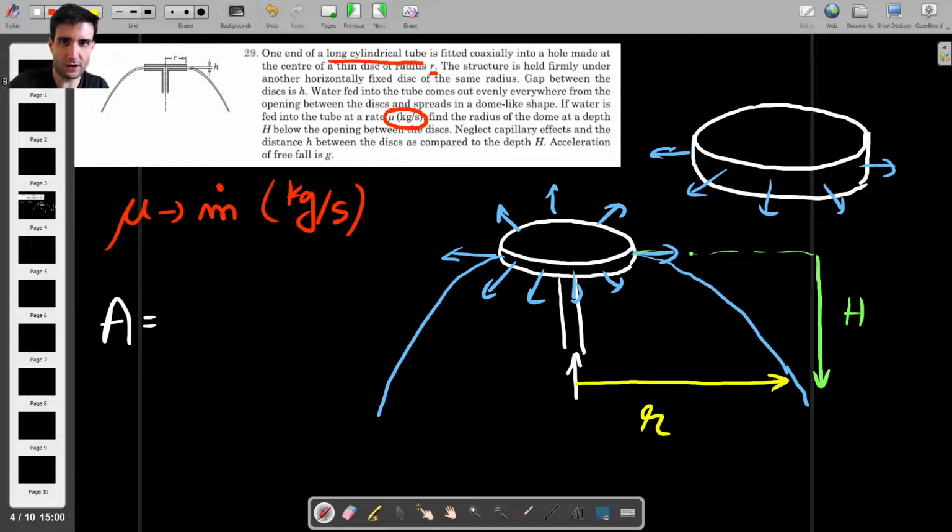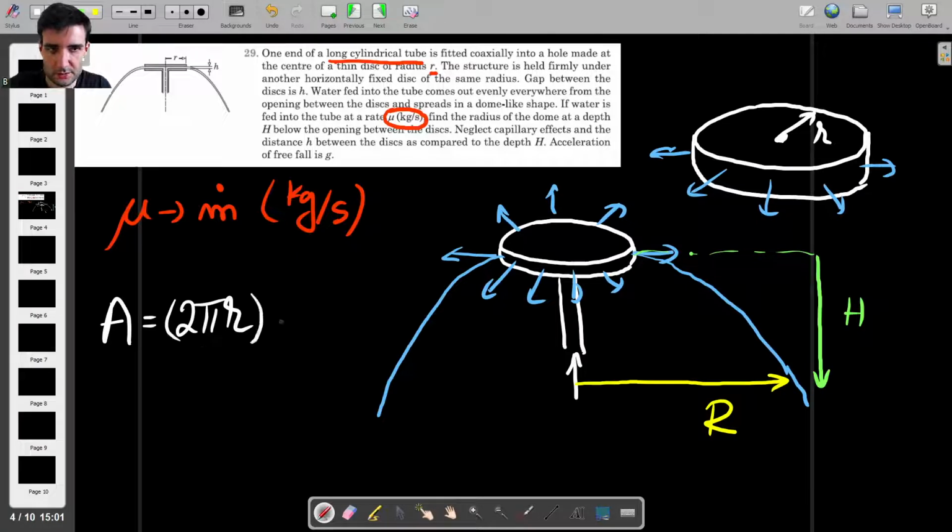So the lateral area of the cylinder is given by the circumference of the circle, which is 2 pi r. Right? We know this radius here is r, which means that maybe I should use capital R for this radius. And then this is multiplied by the thickness or the height of the cylinder that we know as h, like that.